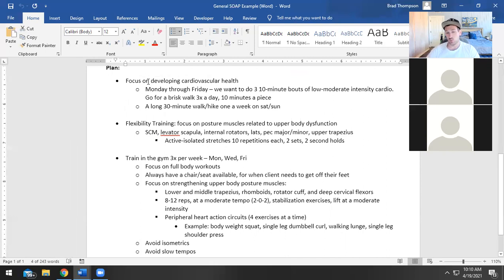So when it comes to cardiovascular health, Monday through Friday, we want to do 3 10-minute bouts of low to moderate intensity cardio, right? I don't want them to do 30 minutes straight, because that's going to be a little bit too intense. So instead, we're going to focus on just in the morning, then in the afternoon during their lunch break, and then once they get home, they're going to do 3 10-minute walks.